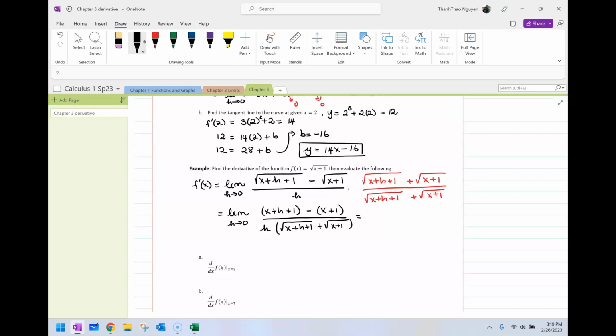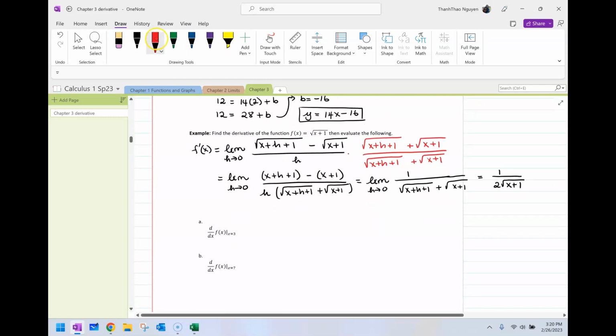The numerator, after you simplify this, you get 1 divided by square root of x plus h plus 1 plus square root of x plus 1. So this is equal to 1 over 2 square root of x plus 1.